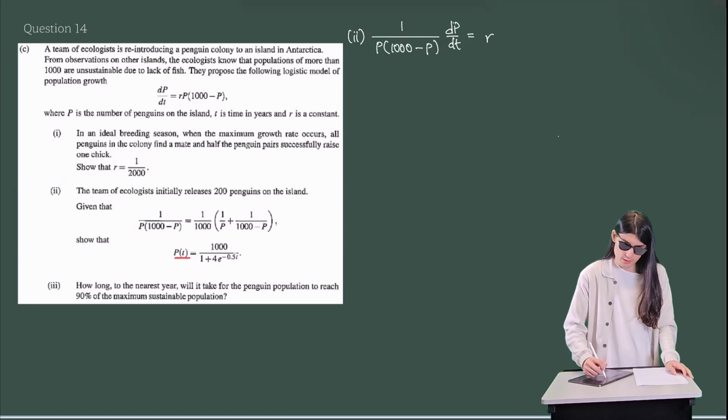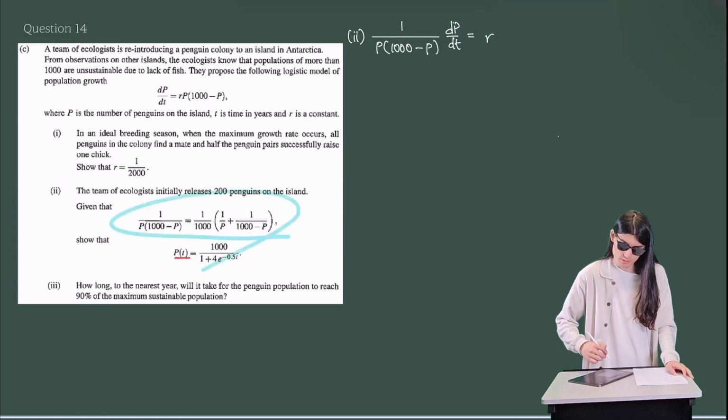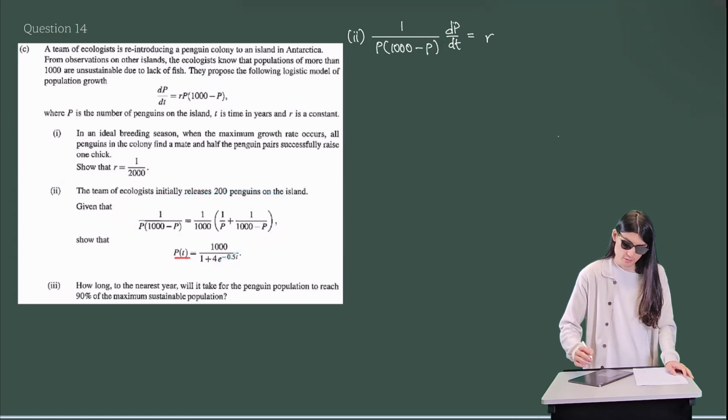And of course, it is in here, 1 over p times 1000 minus p, that we can apply the given result.